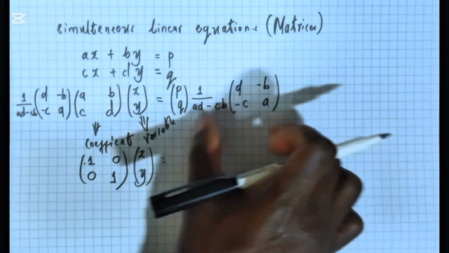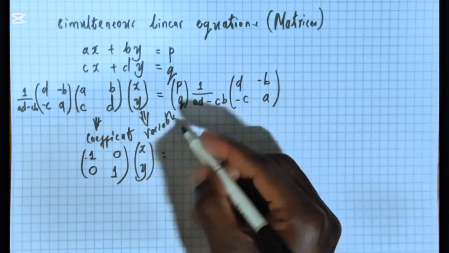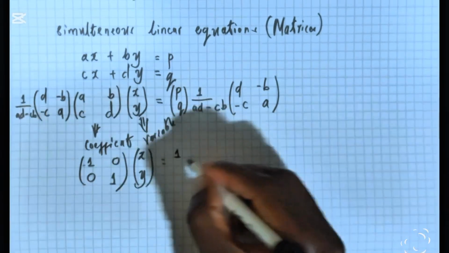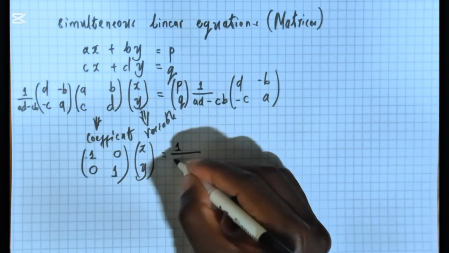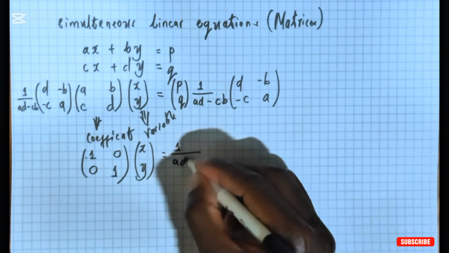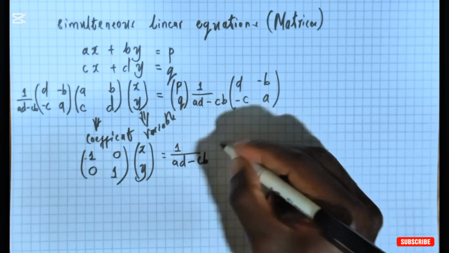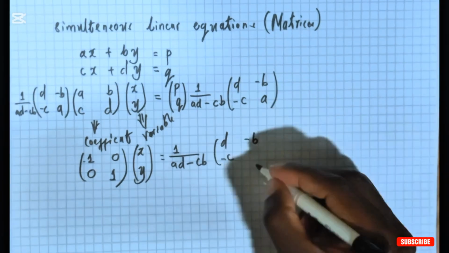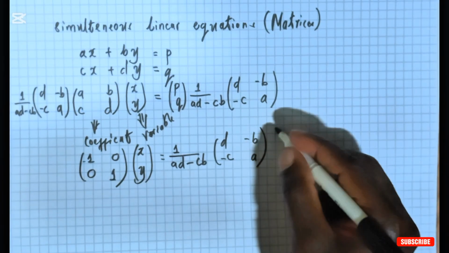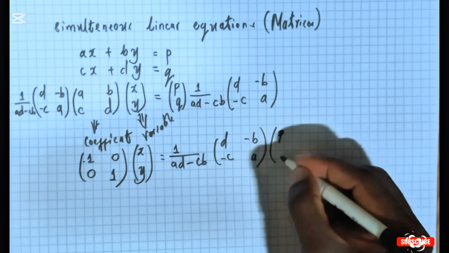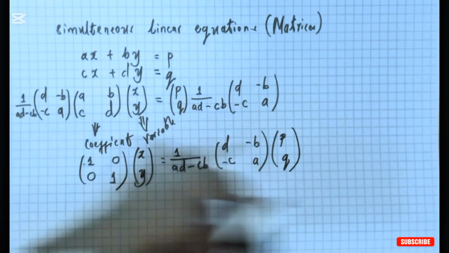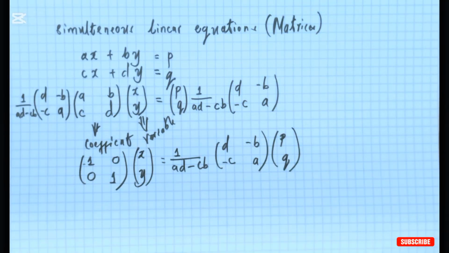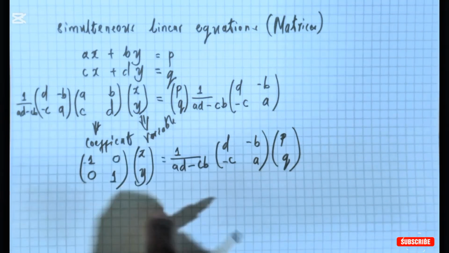And in here, we'll get the solutions to our problem. So the solution will be given by 1 all over ad minus cb, into d, negative b, negative c and a, multiplying p and q. So this here will give us the unique solutions to x and y.